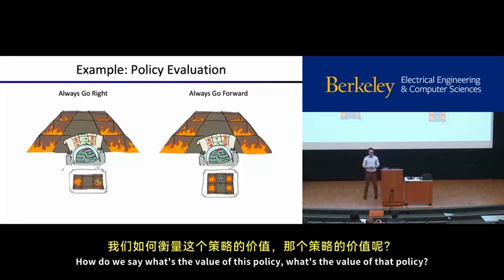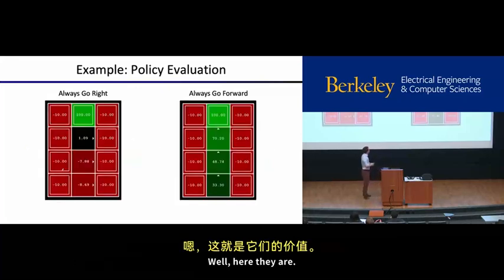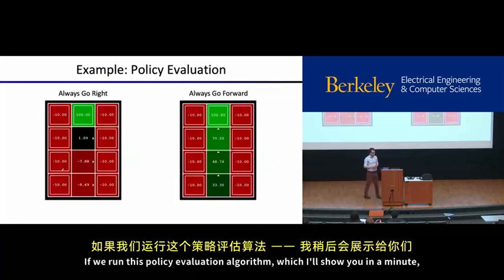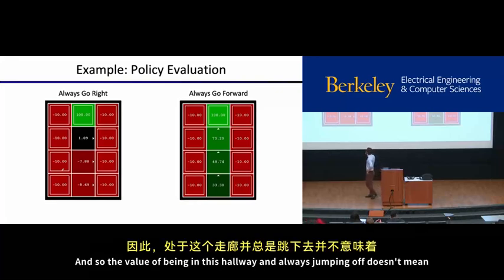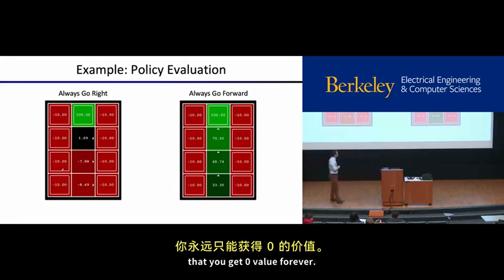What's the value of that policy? Well, here they are. If we run this policy evaluation algorithm, which I'll show you in a minute, we get these values. The value of being in this hallway and always jumping off doesn't mean that you get 0 value forever.